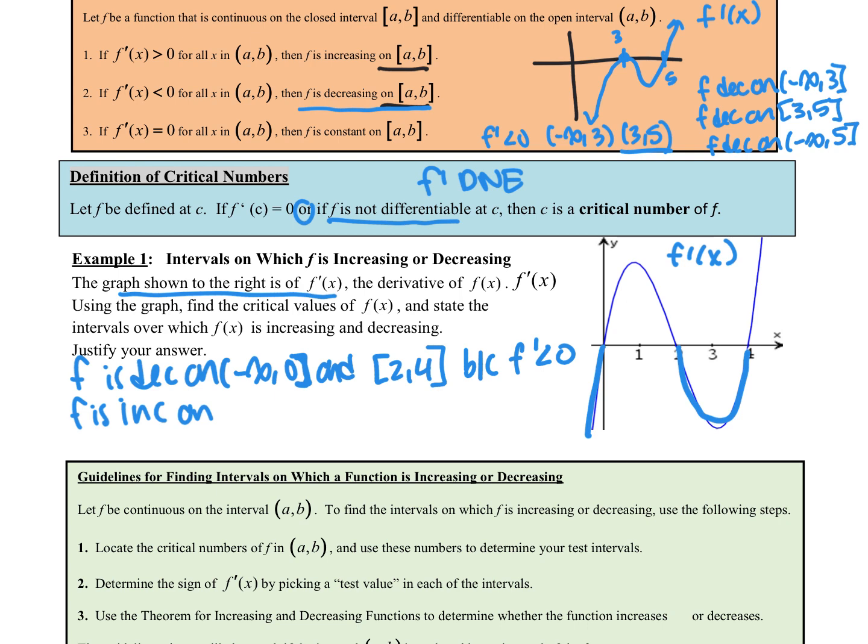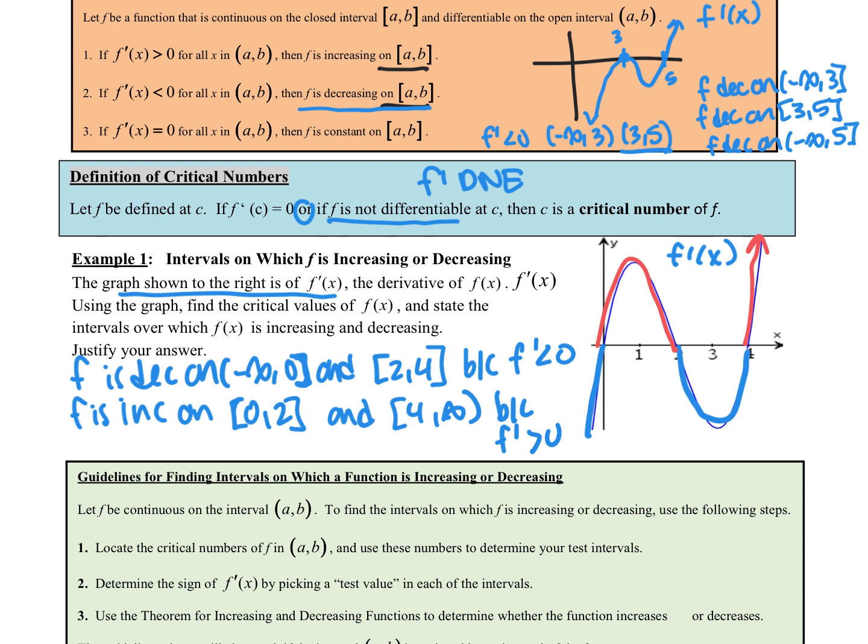And then f is increasing from 0 to 2 and 4 to infinity, because f prime is greater than 0. So we've already done problems like this. We've even been assessed over this, okay?